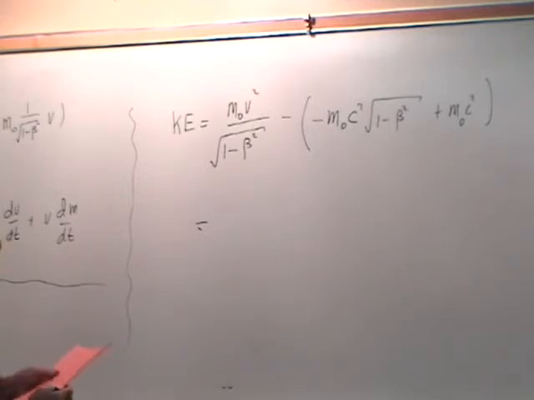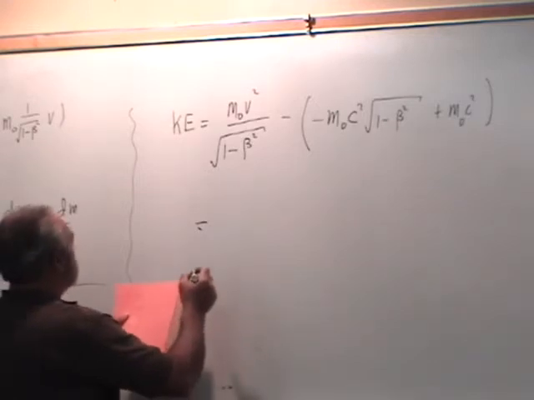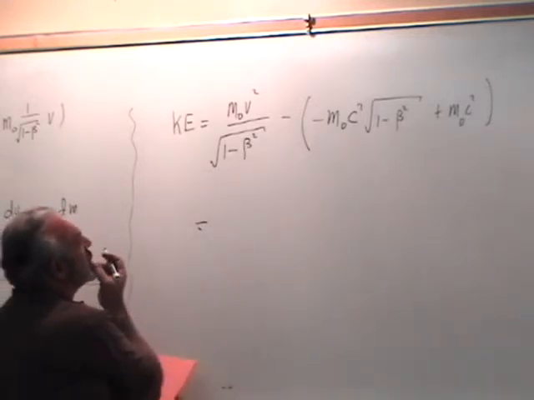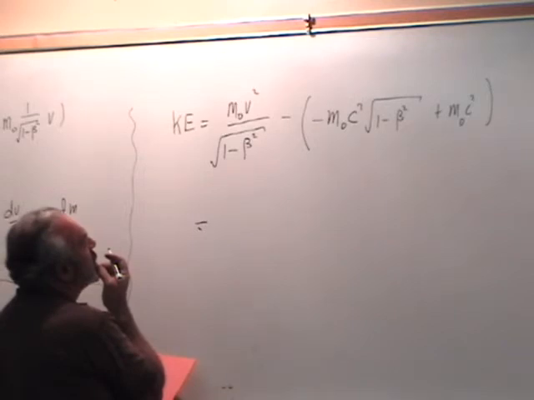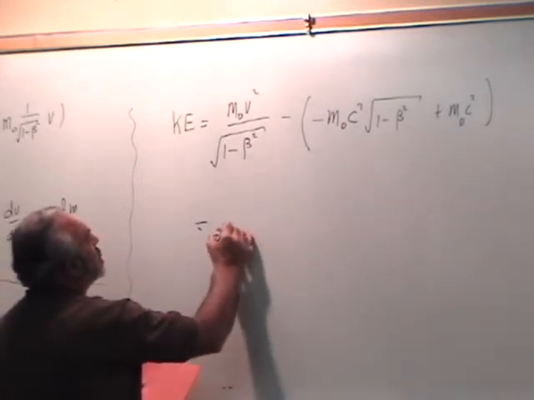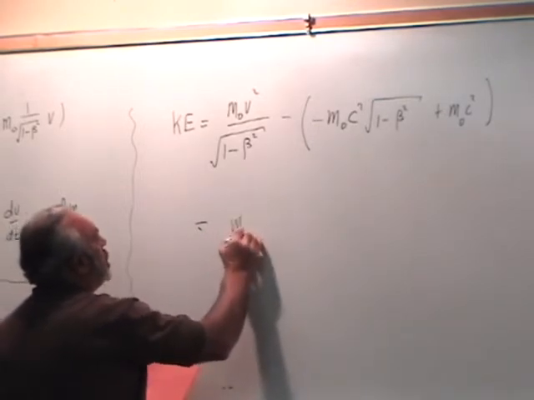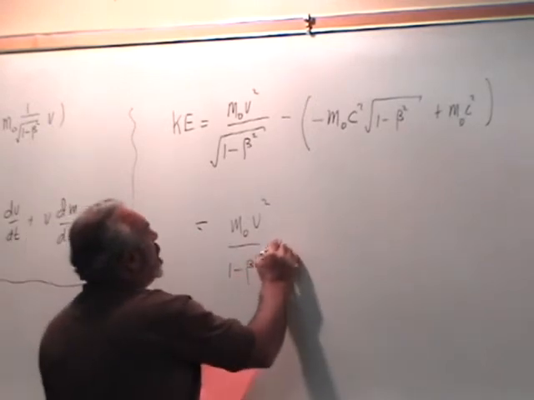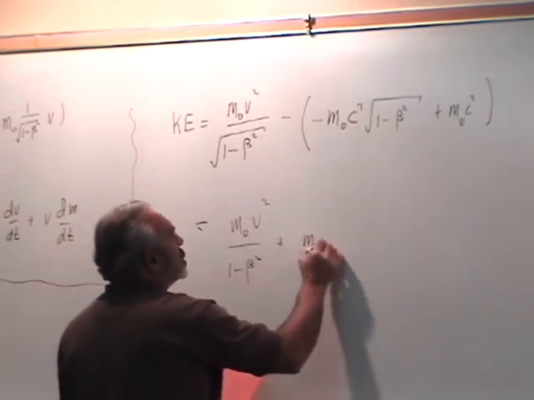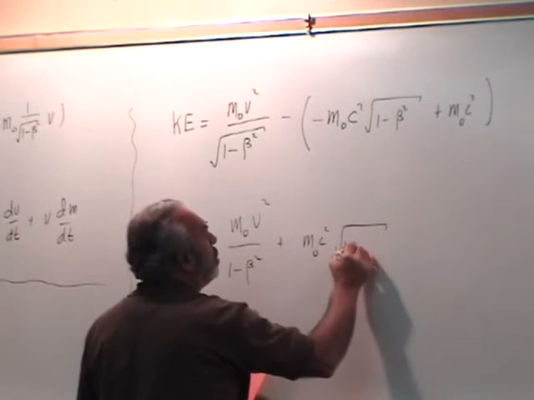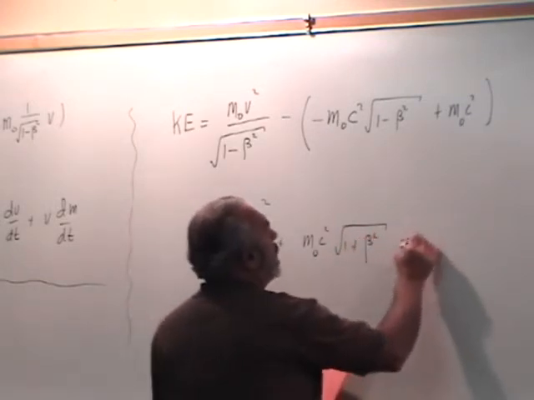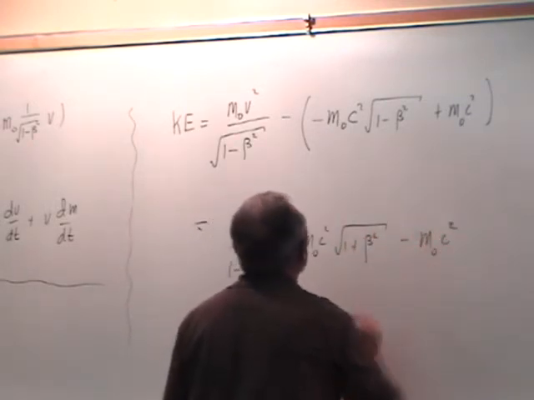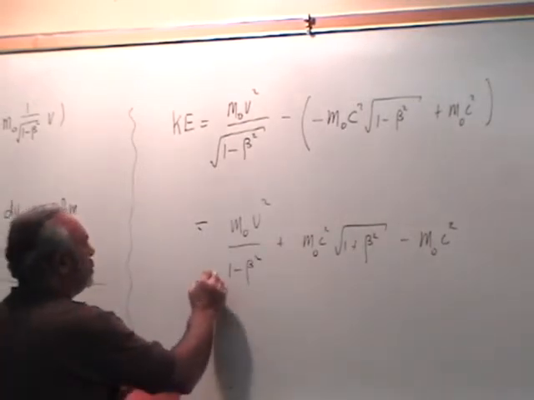My next claim is that it becomes, oh, I think I see it. If we factor out, let me see, m naught v squared over 1 minus beta squared, plus m naught c squared root of 1 minus beta squared, minus m naught c squared, like this.